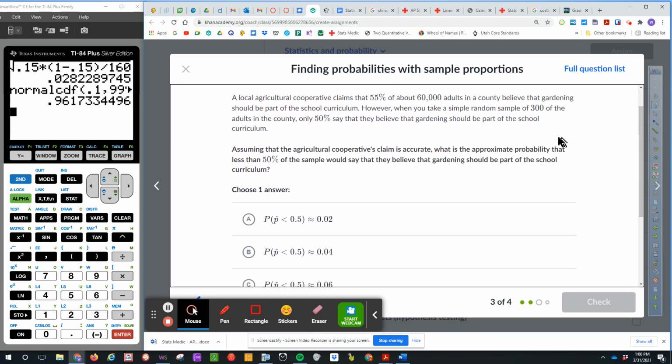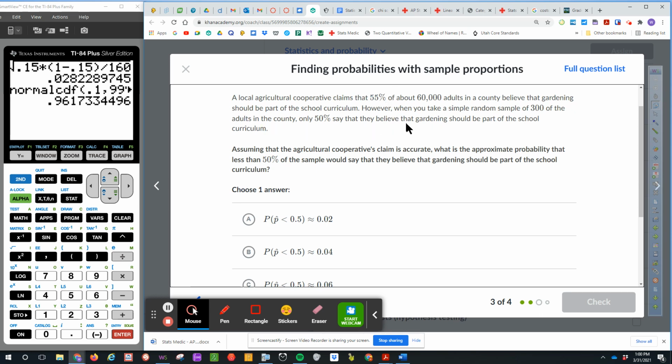Now, a local agricultural cooperative claims that 55% of about 60,000 adults in the county believe that gardening should be part of the school curriculum. Huh. It'd be interesting if we have a gardening class here. However, when you take a simple random sample of 300 of the adults in the county, only 50% say that they believe that gardening should be part of the school curriculum.